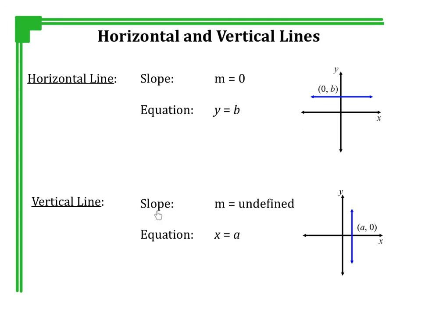Well, vertical lines have a slope which is undefined, okay? So that when we try to do y equals mx plus b, it doesn't work at all. And therefore, the special case for vertical lines is that its equation will be of the form x equals a, and a is the value of the x-intercept of the line, okay?